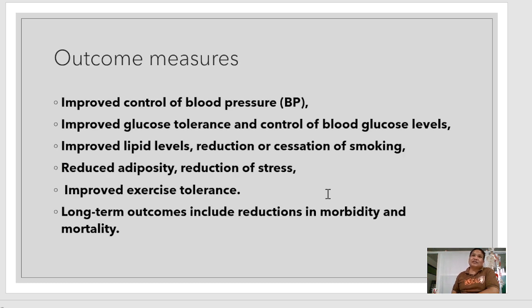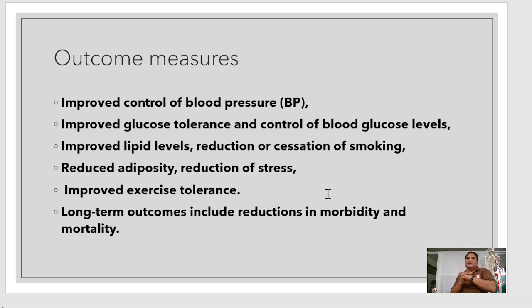So, outcome measures. These are the areas where we can measure our improvement with regards to our goals in order to have an active lifestyle or to improve our lifestyle activity. First, we can measure our blood pressure.